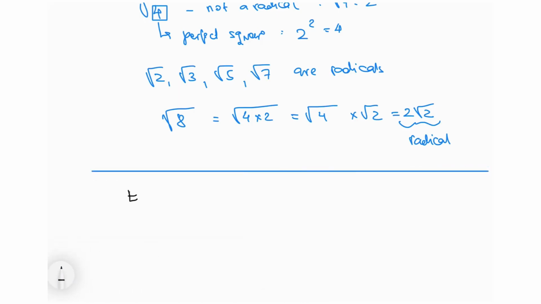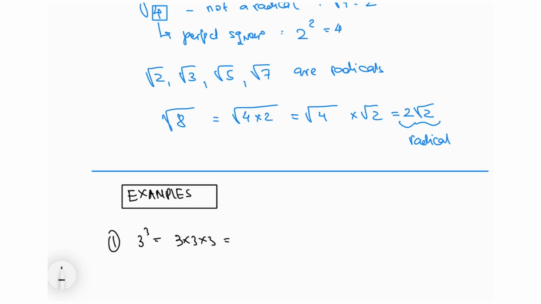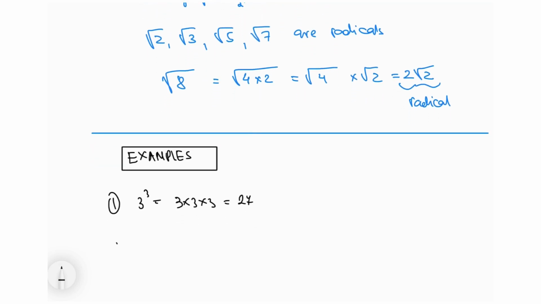So examples. These are basic examples on exponential expressions. For example, 3 to the power 3 is 3 times 3 times 3, which is 27. Example 2: 2 to the power 2 times 3 to the power 3 over 2 times 3.